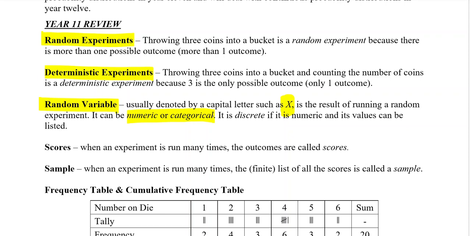If it is discrete, boys, if it is discrete is a type of numerical data where the values can be listed. Maybe a better description there is discrete is usually considered to be whole numbers versus what we call continuous data, which would be something when you're measuring someone's height.